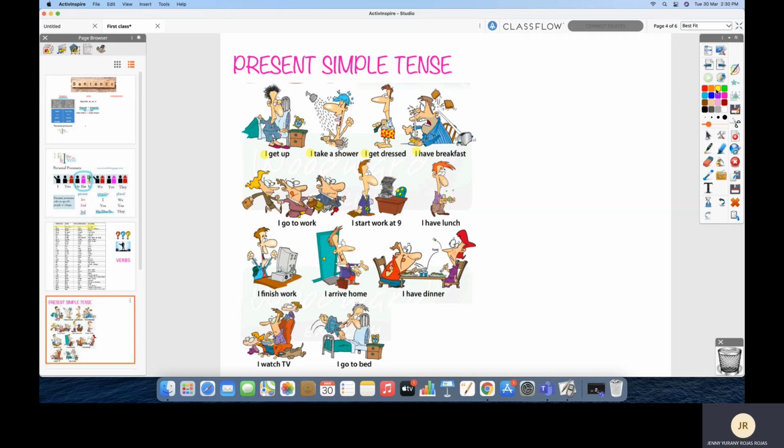En este caso siempre vamos a hablar de I, porque estamos tratando de ver la rutina de alguien, ¿sí? La rutina de este señor, esta persona. We have verb. Ok, entonces todas tienen un sujeto, todas tienen un verbo, and all of them have the complement. ¿Listo? Entonces todas tienen un complemento o el resto de la oración.